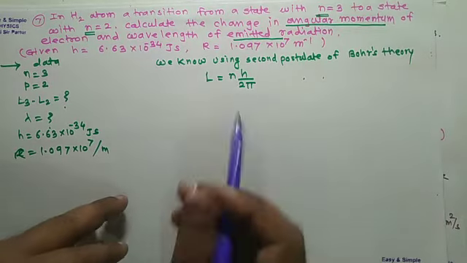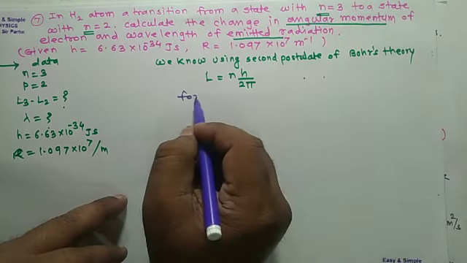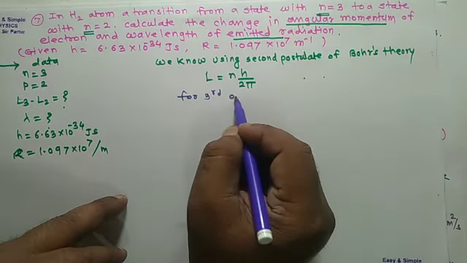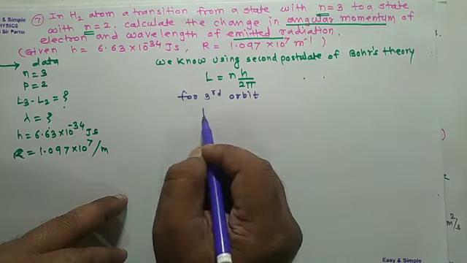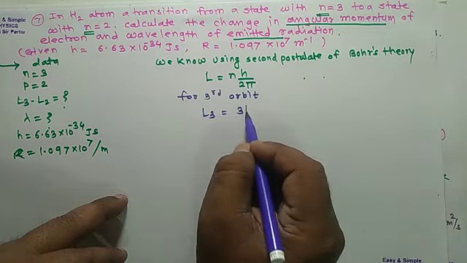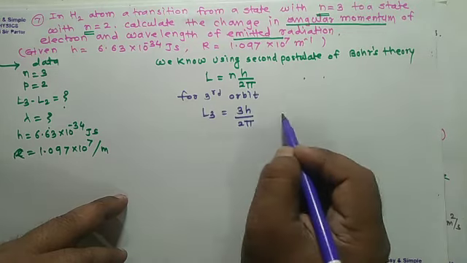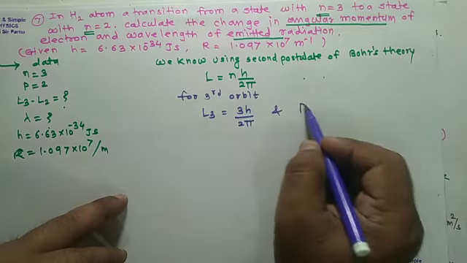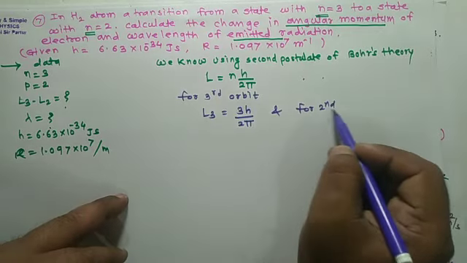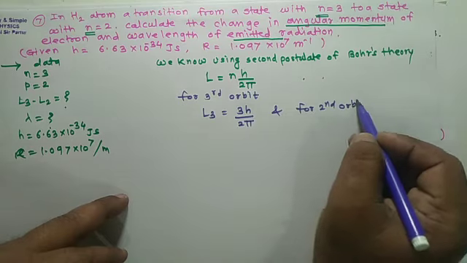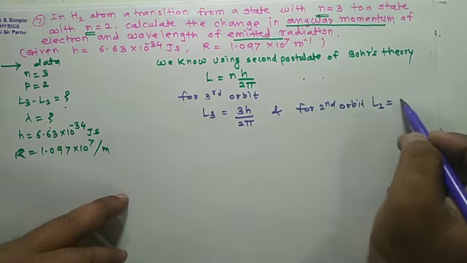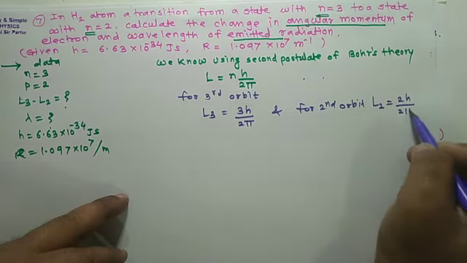So for third orbit, L3 is equal to 3h upon 2 pi, and for second orbit, L2 equal to 2h upon 2 pi.